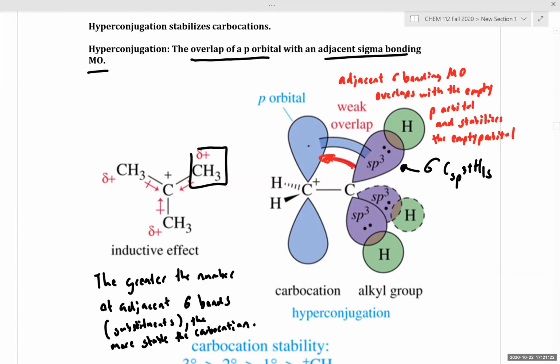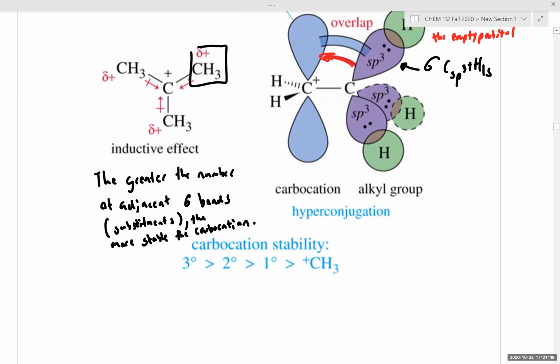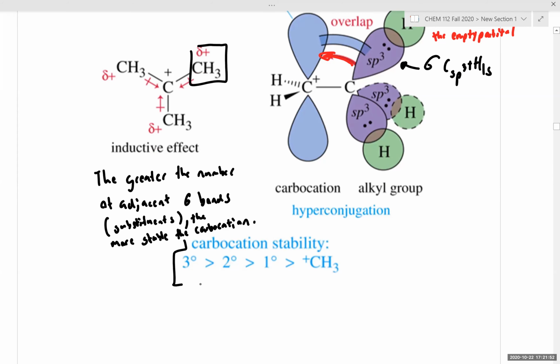This effect becomes more pronounced the more alkyl substituents you have, the more substituted your carbocation becomes, because you have more adjacent sigma bonds to engage in hyperconjugation. Does that make sense? Does that idea look familiar to everyone? Perfect. So the tertiary carbocations are more stable than the secondary, which is more stable than the primary, which is more stable than a methyl carbocation, which is not typically drawn as a plausible intermediate.